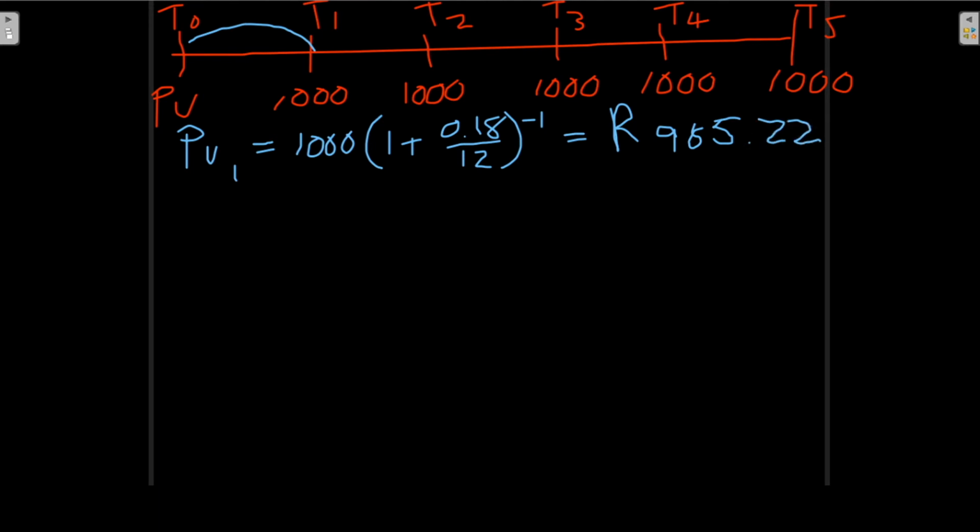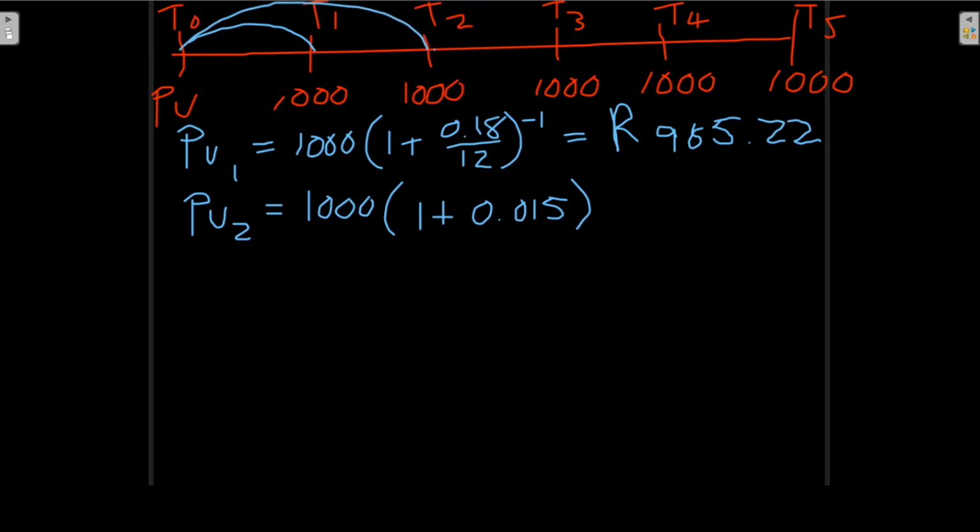Okay, and then we do the same for the second payment. So the second payment, or the present value of the second payment, is my 1,000 rands. Okay, I'm just going to use here 0.015. That is my 18% divided by my 12 months. I move it back 2 time periods, so that is why it is to the -2. And that gives me 970 rands.